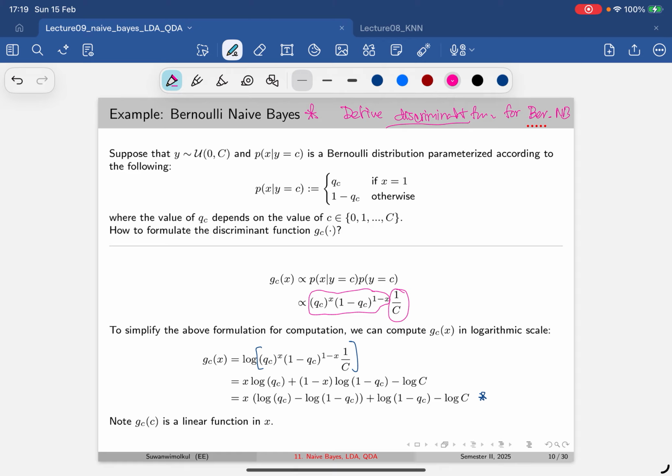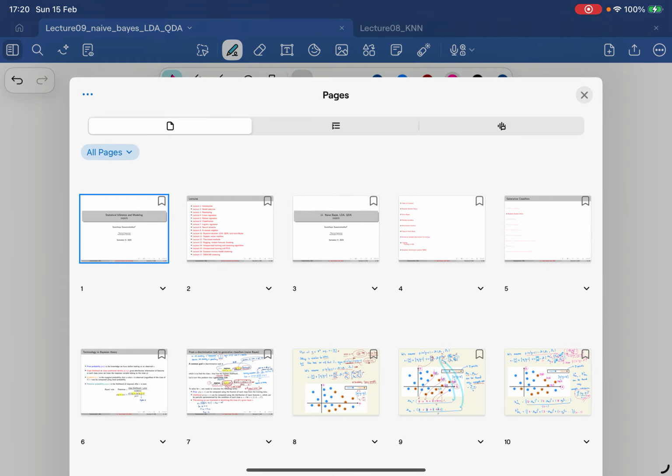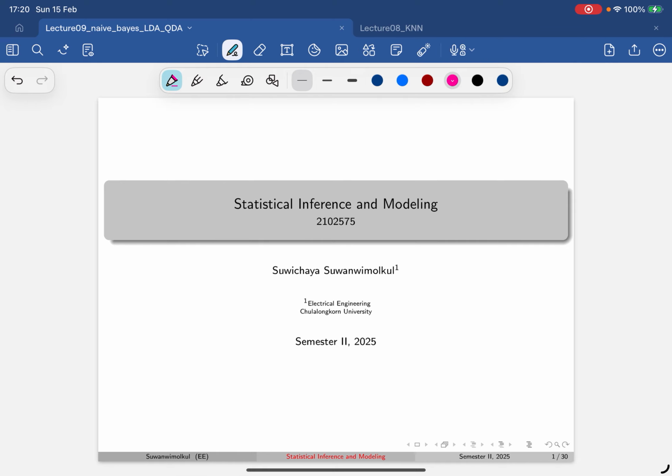And the prior probability of y equal to c is 1 over c, so it's actually a uniform distribution. And when you have all of these together, you can derive the GC as the probability in the logarithm space.